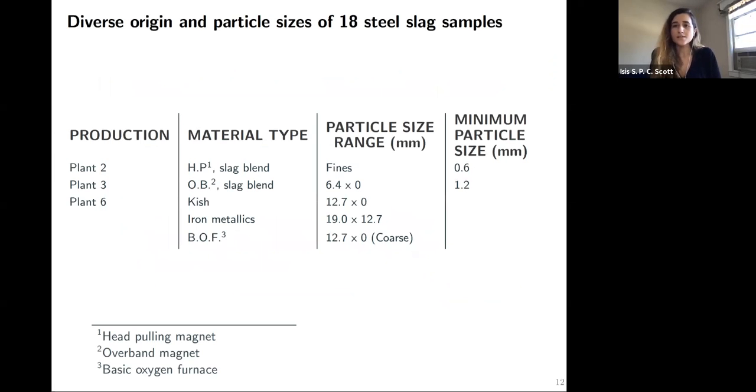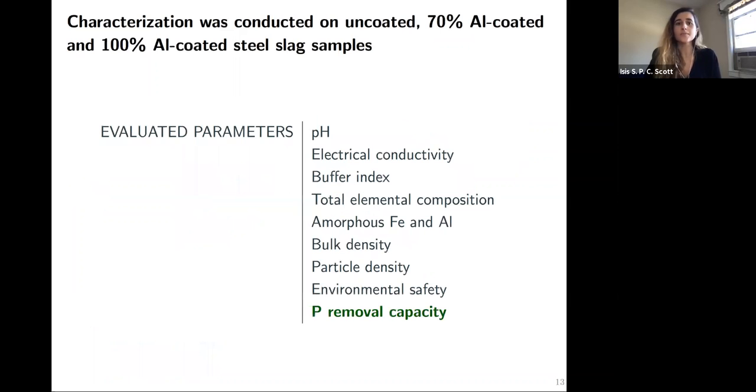In order to study that, we selected 18 different steel slag samples, and these are the parameters that we initially tested. They are from different production plants, they are produced through different steel-making processes, and they are of different sizes.